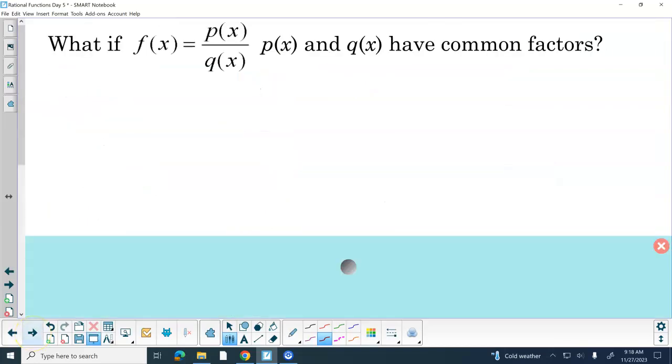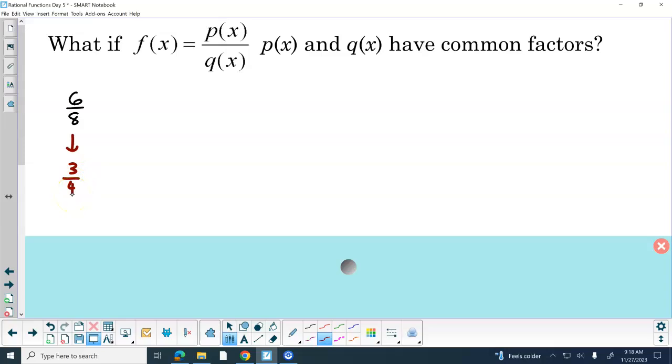Fantastic. All right. So, today we're going to talk about if our function has what are called common factors. So what I mean by that is, like if we had 6 over 8, we would reduce that to become 3/4.